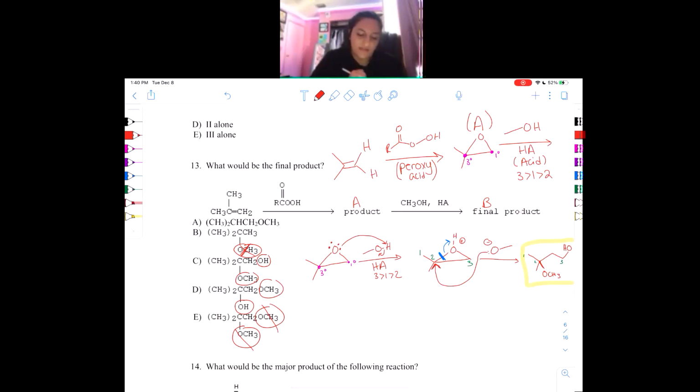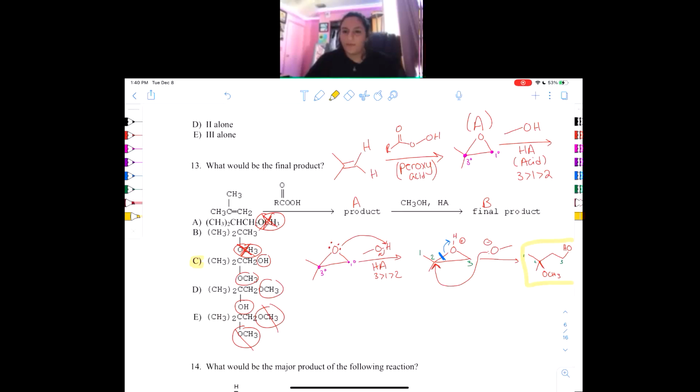This one only has 1 oxygen. This one only has 1 oxygen. So we know those are wrong. So we're stuck between C and D. And the one with correct orientation is, in fact, C. You are correct. Ta-da!